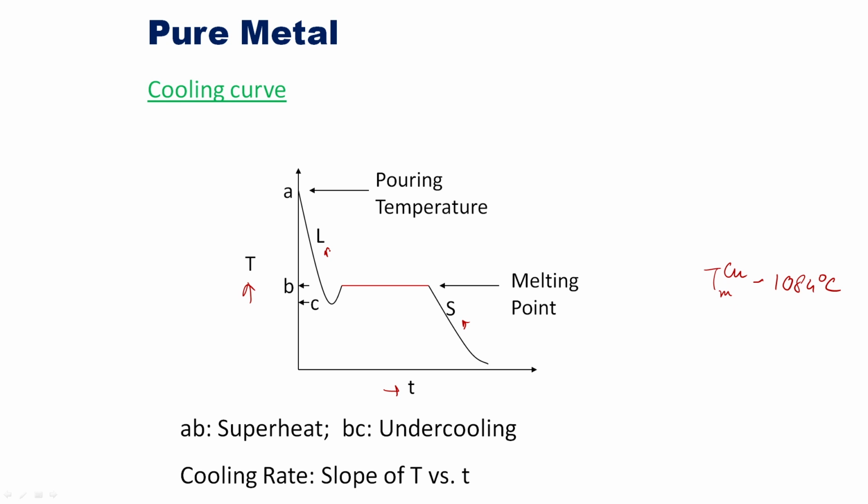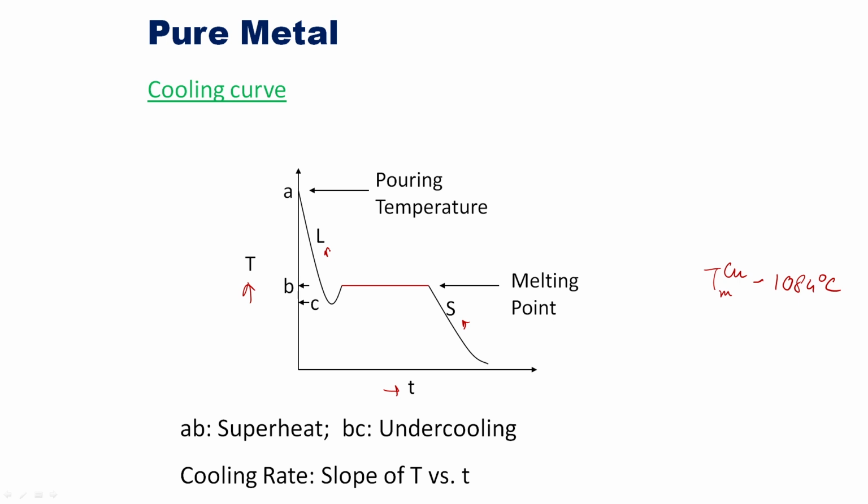Now why does this dip of temperature happen and again it rises? That is something new, unique. At the melting temperature, there is no driving force for the system to go from liquid to solid state. At the melting temperature, the driving force is 0. As you know, you need a certain kind of energy or driving force for the system to go from liquid to solid state.